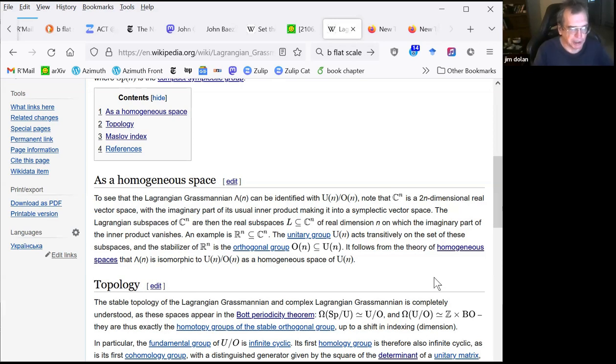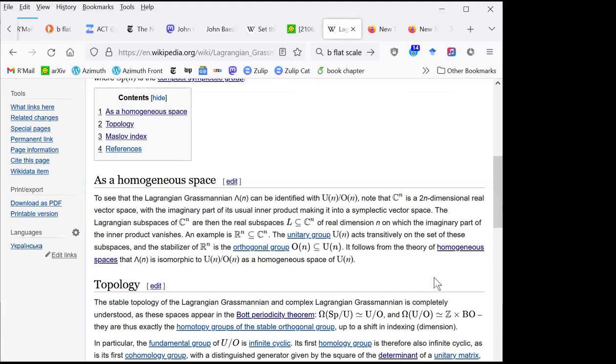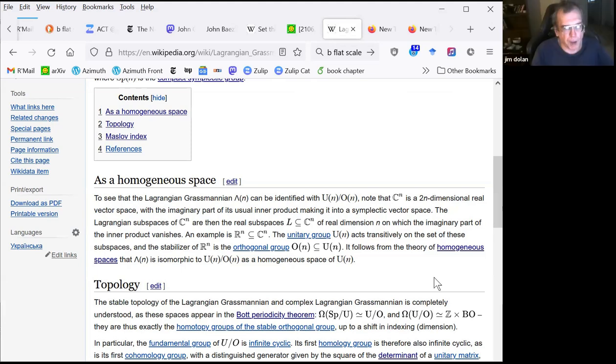It involves the interaction between all these other structures: the complex structure, the unitary, the orthogonal structure, the symplectic structure, and how those all fit together. This story really comes into its own when you start thinking about the Jacobians of curves.